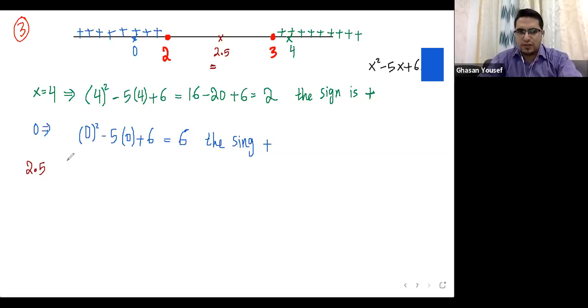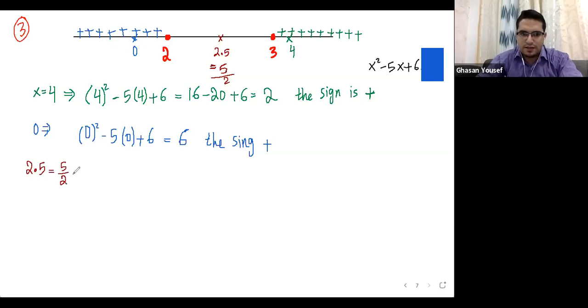Because we cannot use a calculator in the exam. What is 2.5 over 2? Yes, so this is 5 over 2.